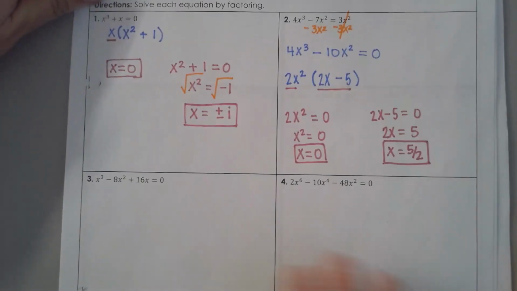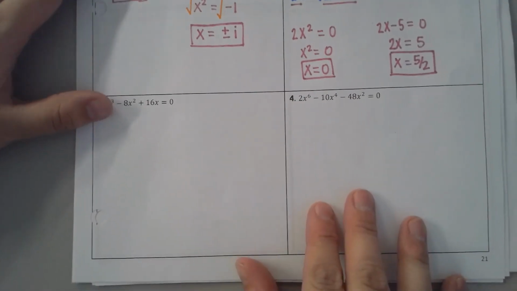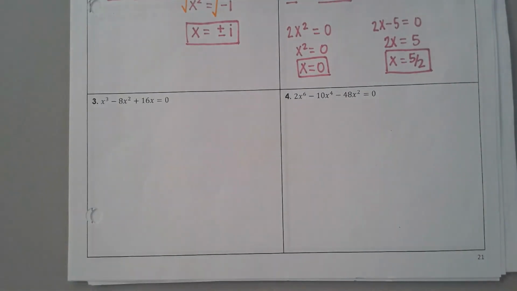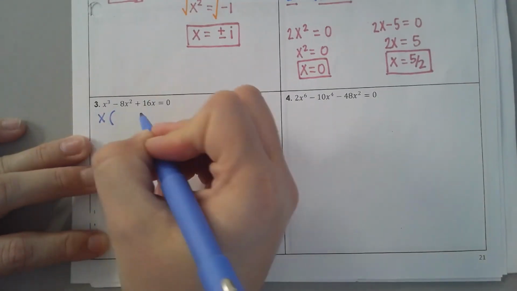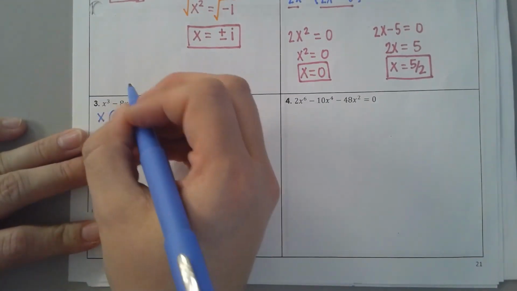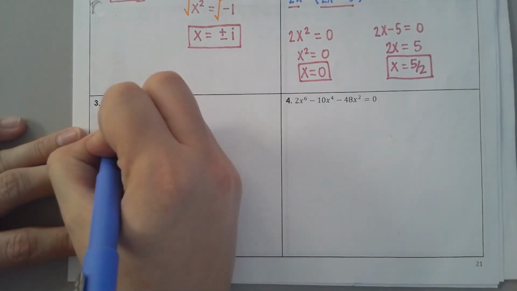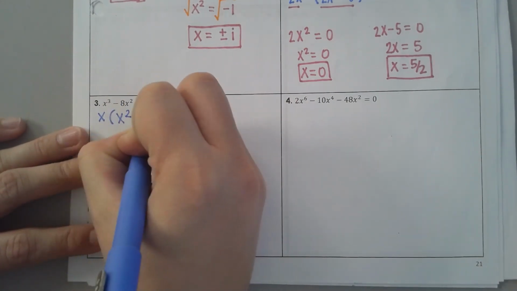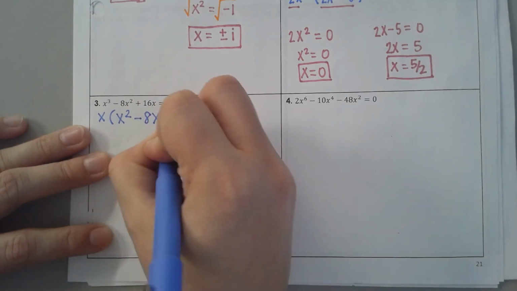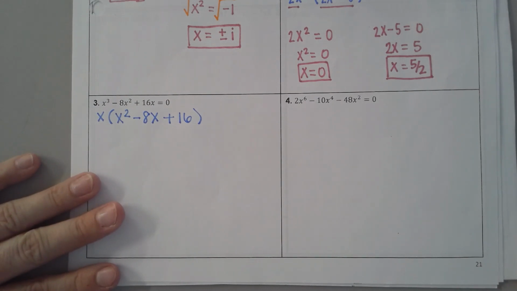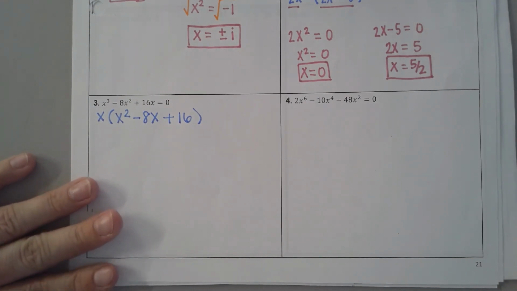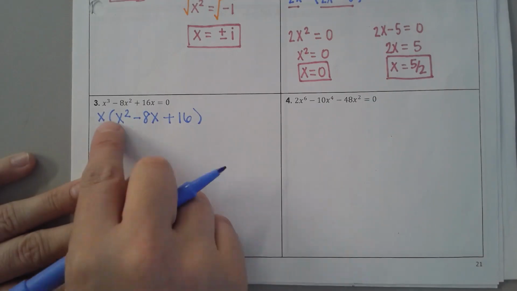Number 3, it is set equal to 0. Is there a GCF? Are you sure? X. So I'm going to take out an x from each term, leaving me with x squared minus 8x plus 16. Now let's look at what's in parentheses.